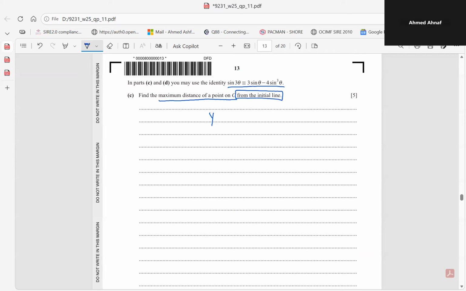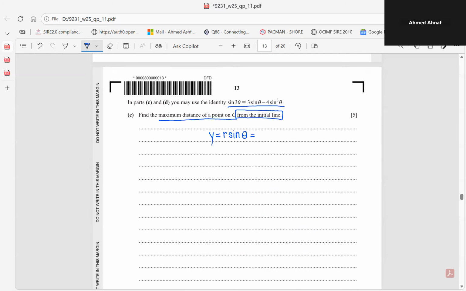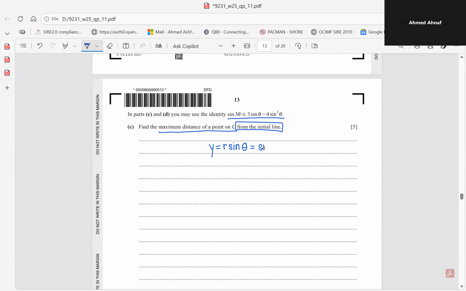So you must know this, that y is just equals to r sine theta. Okay, so r for us is equals to sine 3 theta. So this is sine 3 theta sine theta.